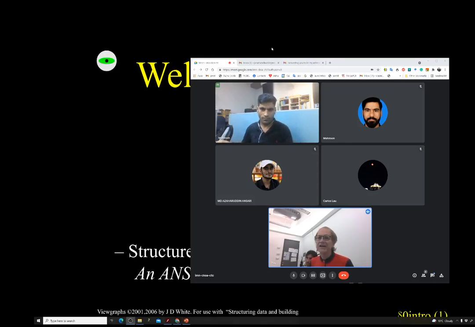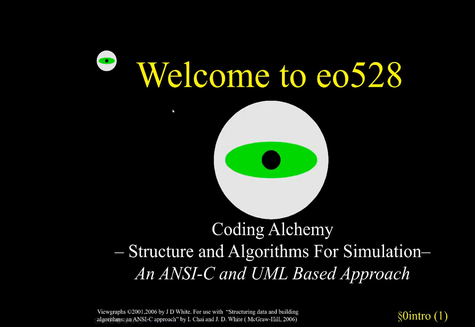Okay, great. So welcome to EO 528. We call it coding alchemy. Why do I call it alchemy? Because coding is not just science, it is also art. Writing a computer program is not just scientific writing, A B C D. It also involves art.